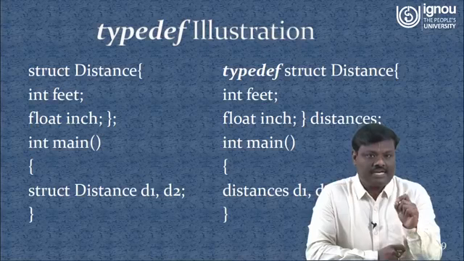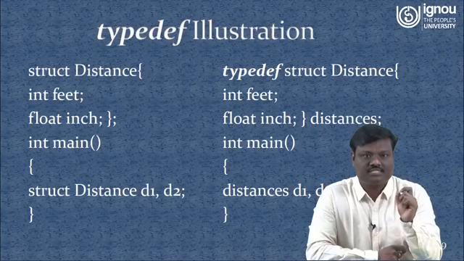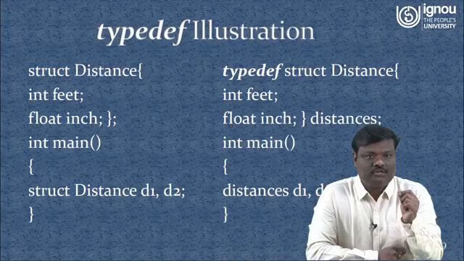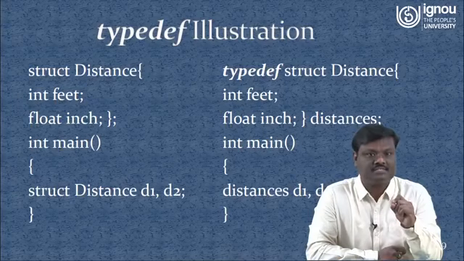So normally we will write, the left side is the normal kind of thing, struct distance, integer feet, float inch, this is the structure, int main, then we are declaring the variables d1 and d2. So whenever you are declaring the structure variables d1 and d2, you are using the keyword struct, and then the struct tag name, that is distance.